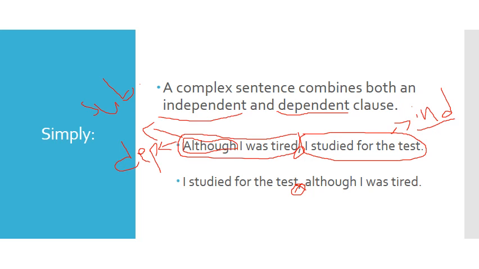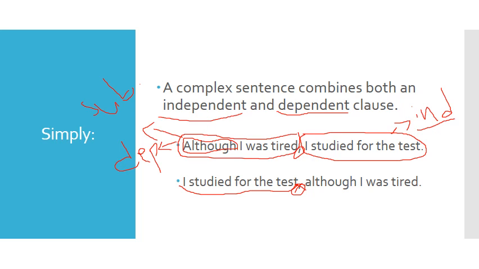Why? I studied for the test, although I was tired. Notice, what did we start with? It's the same sentence as above, but here I switched. I started with the independent clause. So when you start with the independent clause, there is no need to add a comma in the middle. That's the only difference between the first one and the second one, but both are complex sentences.